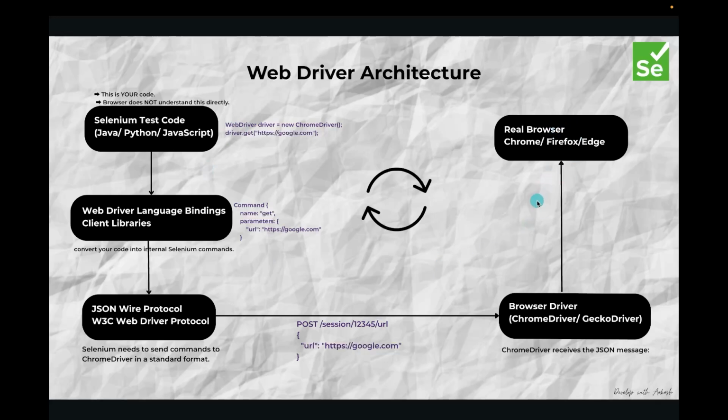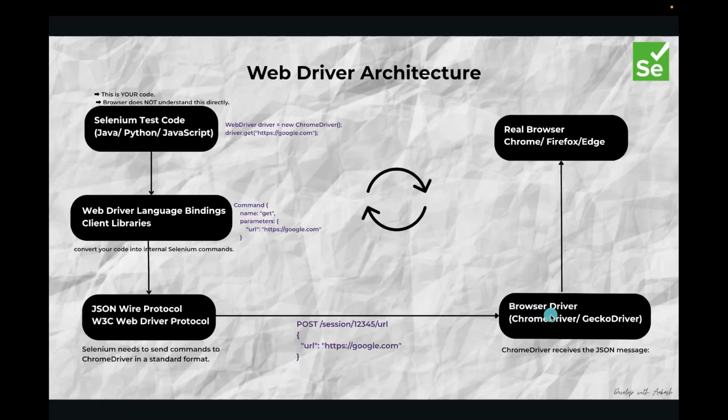For example, when the driver sends the request to open Google, the real browser opens it, and then it says that the browser is opened. When it says that, the message is passed back through the same channel. So here the browser told me that okay, the browser is open. Now the message is passed to the Chrome driver.